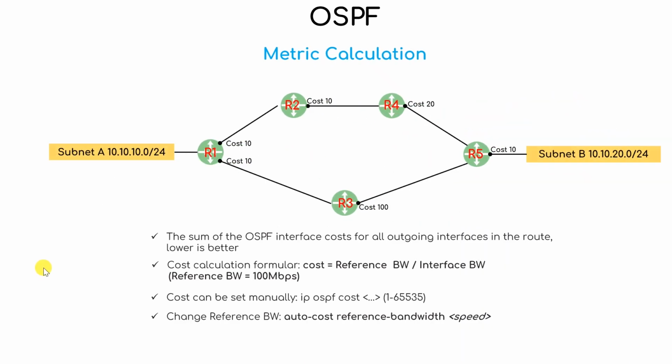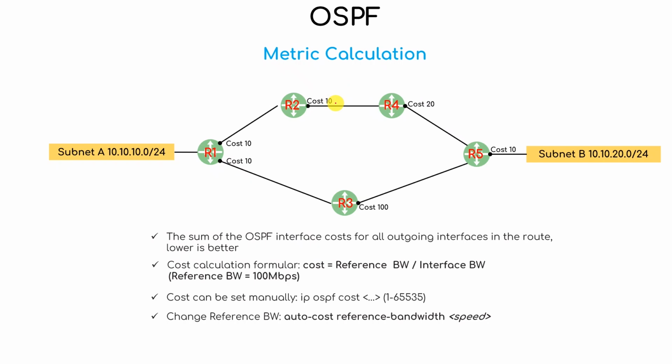Okay, after the neighbor relationship process completes successfully, OSPF uses the SPF algorithm to calculate the best path, and OSPF uses the metric to compare routes, where lower is better. Actually, the SPF algorithm is so complex, but there are some things we need to understand.